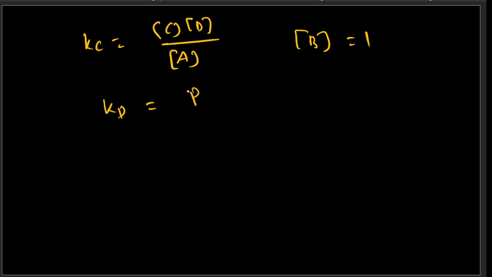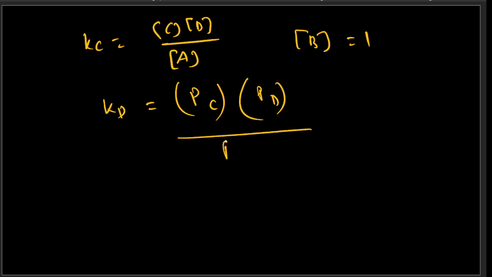The Kp is expressed in the partial pressure of C, partial pressure of D, and partial pressure of A. This is the Kp.